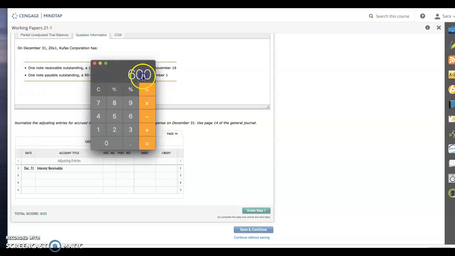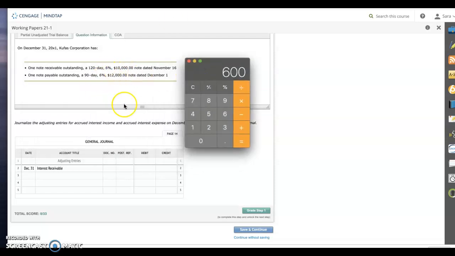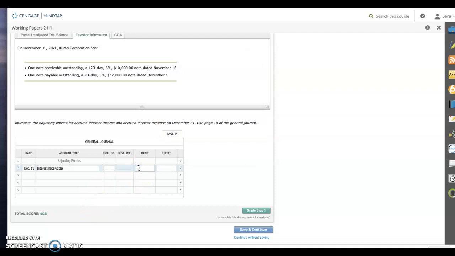So we had 120, so I'm first just going to have 120 divided by 360. So 0.33 times the 600 gets me 200. So 200 in my debit. And then my second line is interest income, credit of 200.